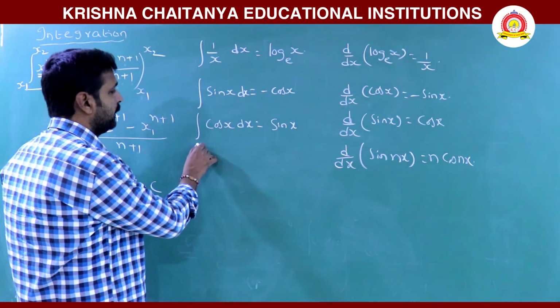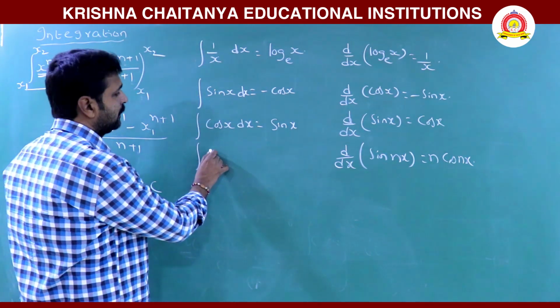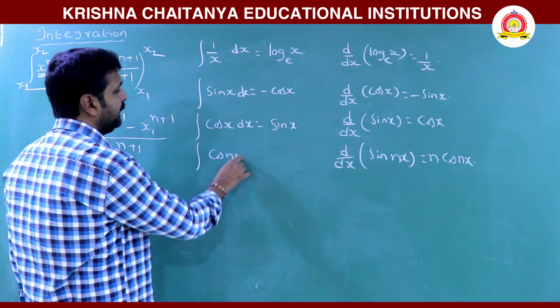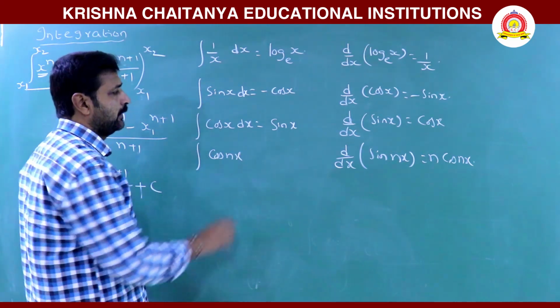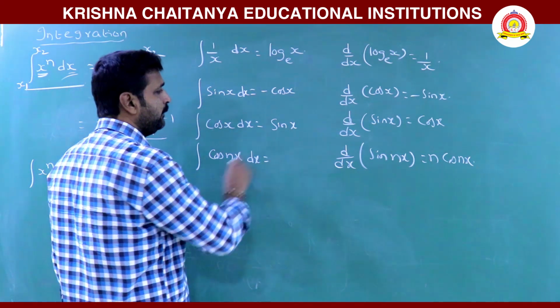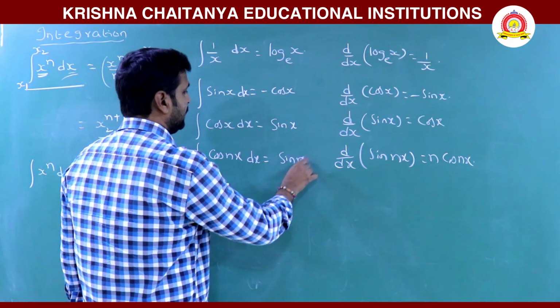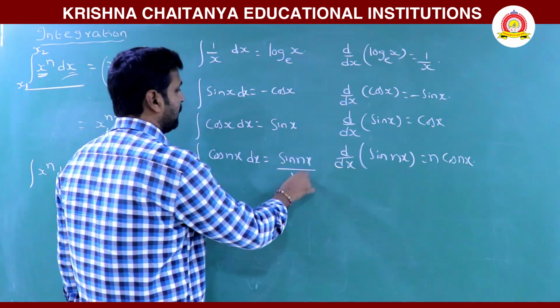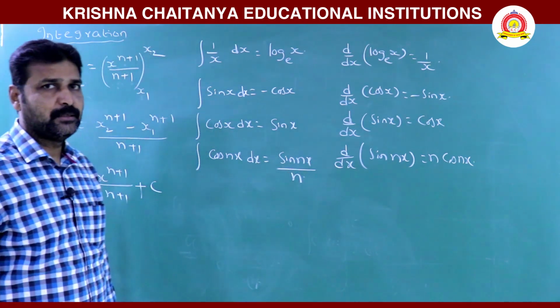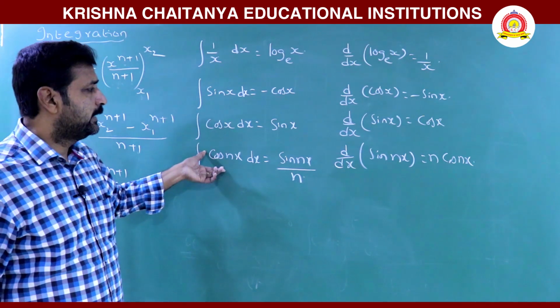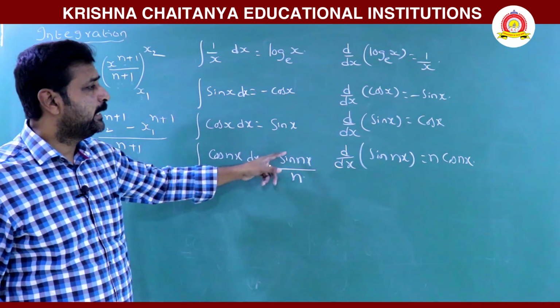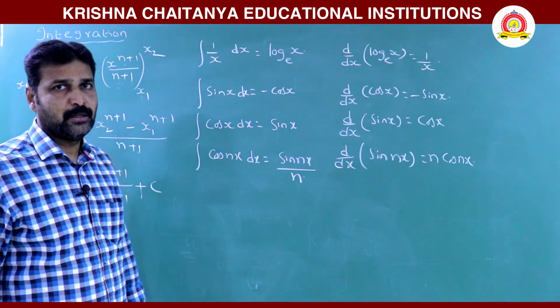Now, if integral cos nx dx is taken, then for cos nx it is sin nx by n.